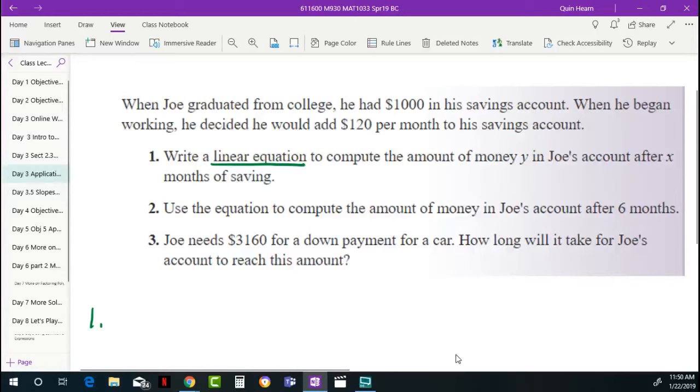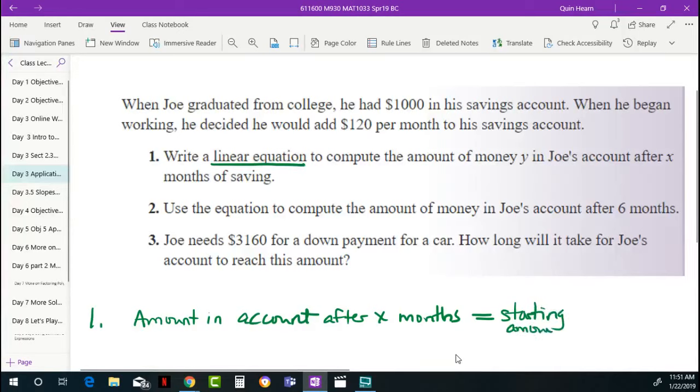I think the pattern is a little bit easier. So isn't it true that to calculate the amount in his account after X months, that's always going to be equal to his starting amount in the account plus it's going to be $150 times X, the number of months.